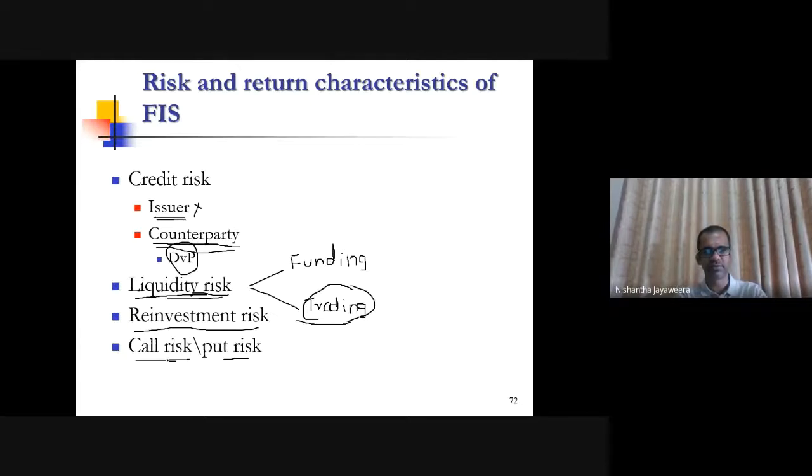So what do you expect? In which kind of scenario will the issuer repay the bond without keeping it until maturity? If you are a borrower, under what sort of circumstances will you pay your debt early?